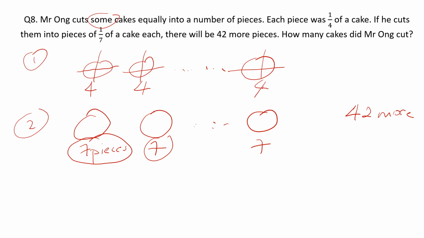You can use guess and check, but rightfully it's very simple. Just bear in mind this question did not tell you if you cut more slices per cake, that means the portion will be smaller, but it's okay. So from here, 1 cake at first I cut into 4 slices. Now I cut into 7 pieces instead of 4 pieces. I cut into 7 pieces each.